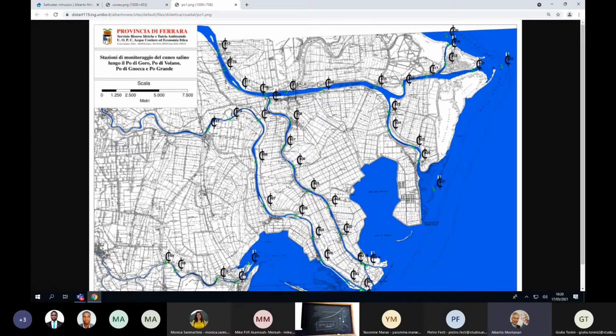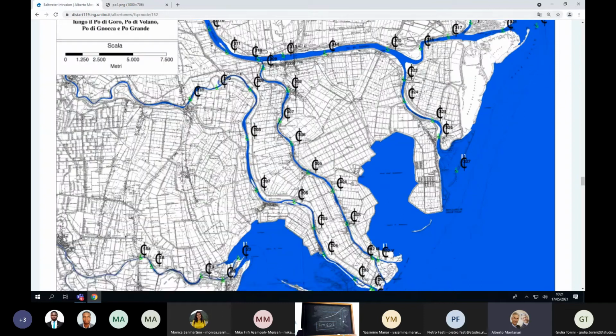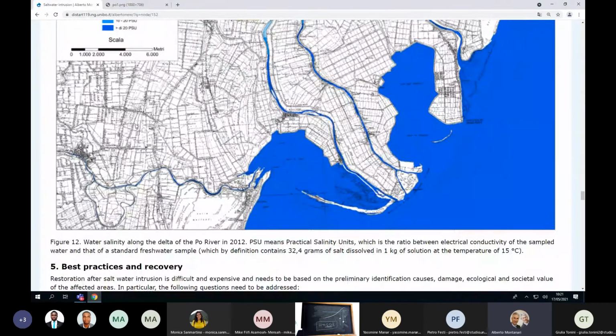Here it is shown only the monitoring along the rivers, but there are also monitoring stations in the wells, because we have to make a combined monitoring of rivers and wells. And this is the way we monitor salinity.